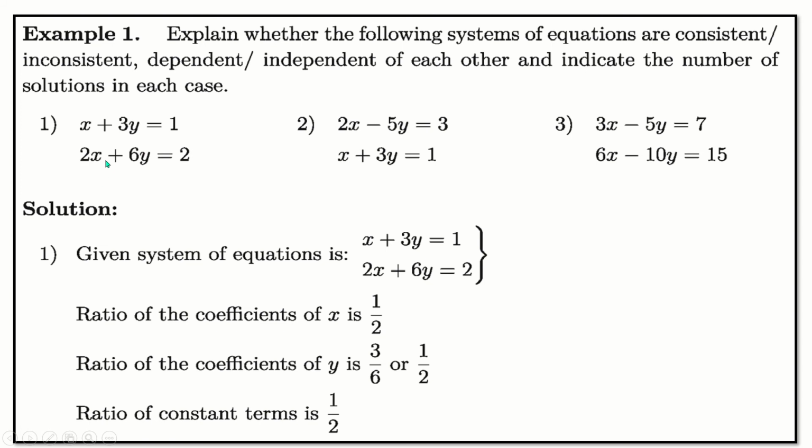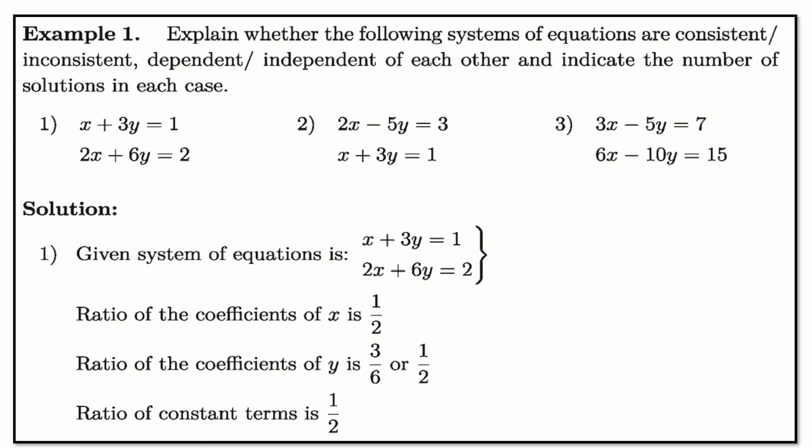Now compare the ratios of the coefficients of x, y and the constant term. The ratio of the coefficient of x is 1 by 2, the ratio of the coefficient of y is 3 by 6 or 1 by 2, and the ratio of the constant term is half. That means the ratio of the coefficient of x is equal to that of y and equal to that of the constant term.